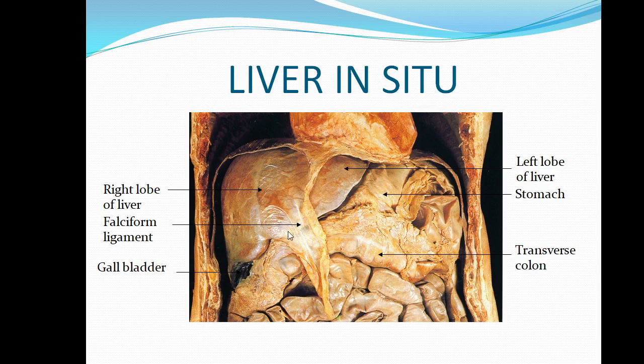The liver is felt at the tip of the fingers during inspiration. Normally, the lower border of the liver does not extend beyond the costal margin. Now, there is another notch here. This is the notch for the ligamentum teres.